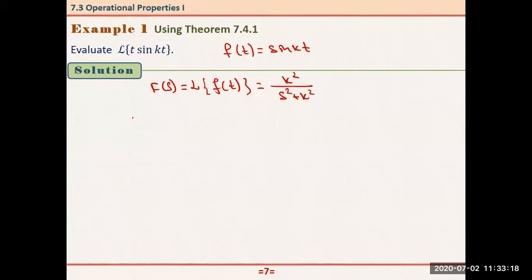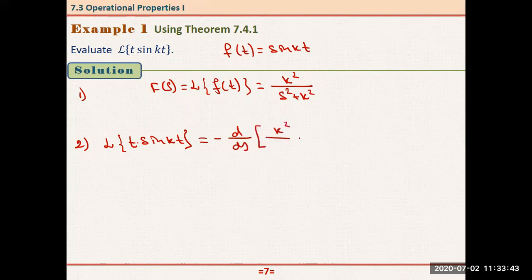So now using that formula, that is a first observation. The second one is then the Laplace transform of t times sine of kt is equal to, just differentiate this and multiply by -1, that is minus d ds of F of s. Our F of s is k squared over s squared plus k squared.